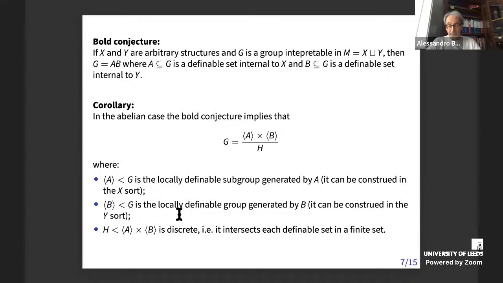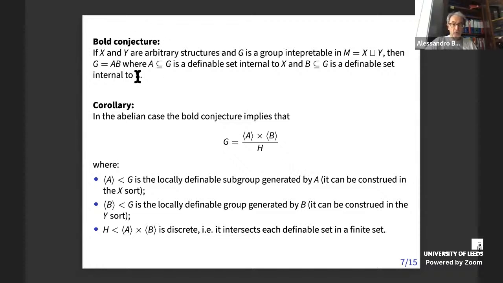So it's exactly like the trivial example that I put at the beginning, namely direct product modulo finite kernel, except that here you have to go to the locally definable category, and then you have a direct product of locally definable groups modulo a discrete rather than finite kernel.